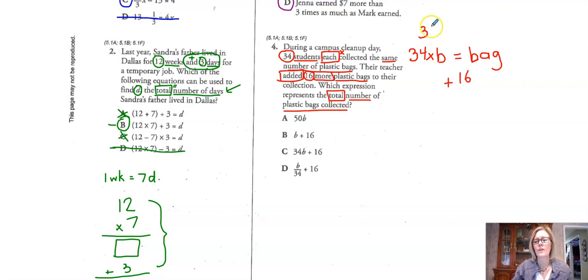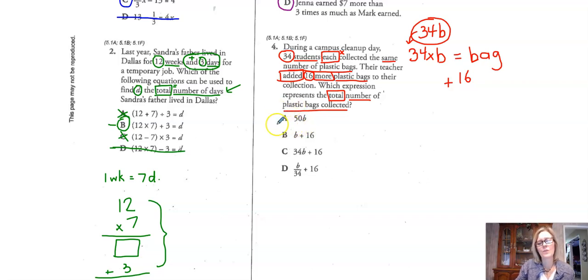If you put a number before a letter, that number is multiplied by whatever that letter equals. So 34 times B is the exact same thing as I said right here. We have 34 students, each collecting the same number of bags, and then the teacher puts 16 more in. Which one of these does that?